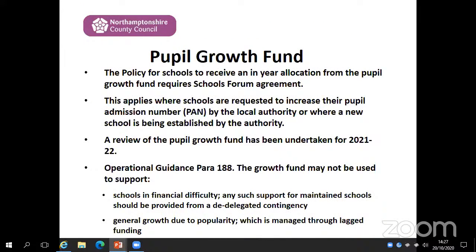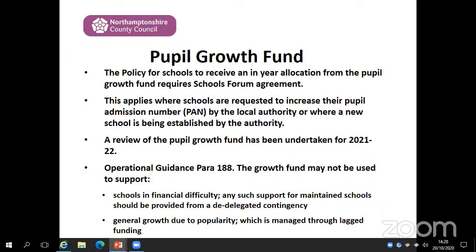Okay. Right. For any new members to forum and the shadow forums, NTC operates what's called its Pupil Growth Fund. Basically, it's a fund that allows NTC or its successor unitary authorities to forward fund growth.